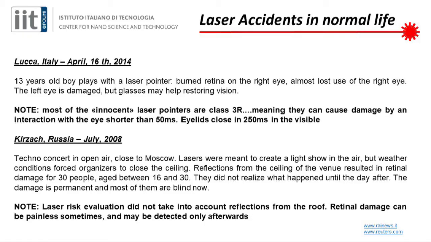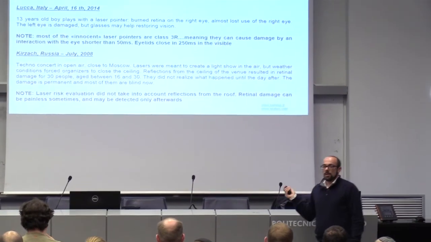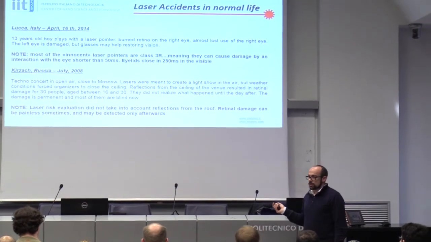And unfortunately, they didn't take into account the reflection of the roof. So these poor guys were just dancing all night, and they didn't even realize that they had damage. They realized the day after, and in the end, there were 30 people aged between 16 and 30 that had blindness or impairments.